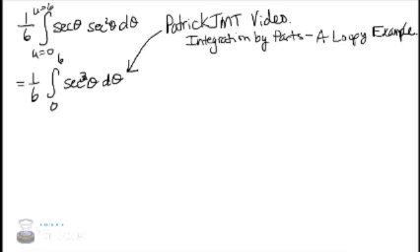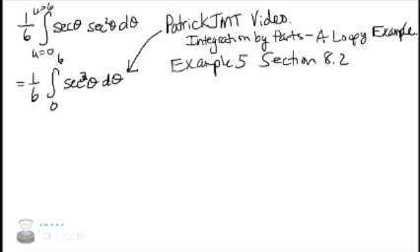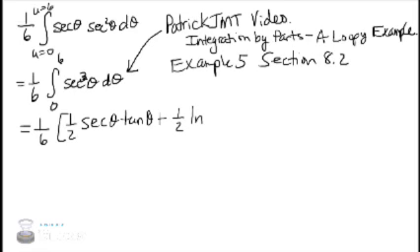For the exact steps for this problem, look at example 5 in section 8.2. But anyway, it turns out the integral of secant cubed is 1/2 secant theta tangent theta plus 1/2 the natural log absolute value of secant theta plus tangent theta.